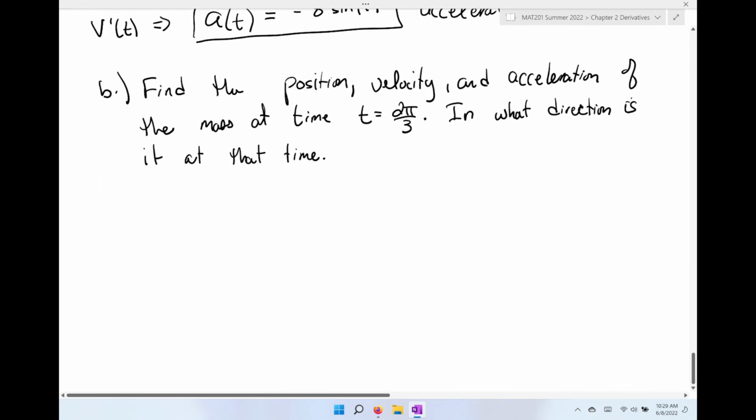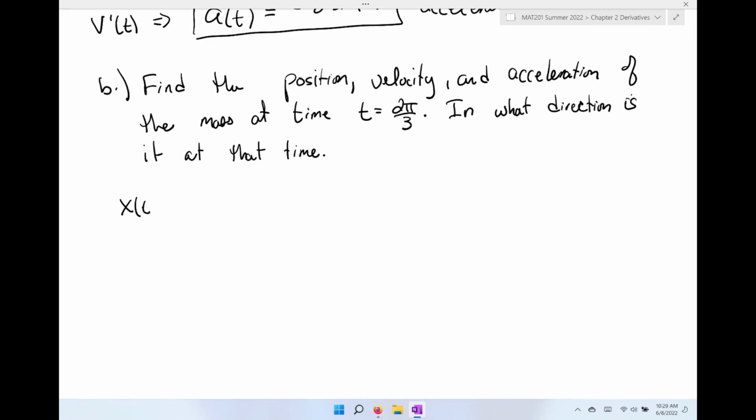The first, x of t equals 8 sine t. This is going to be our displacement. We are asked to find x of 2 pi over 3. So we just make our substitution here.